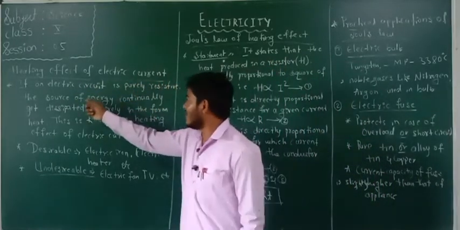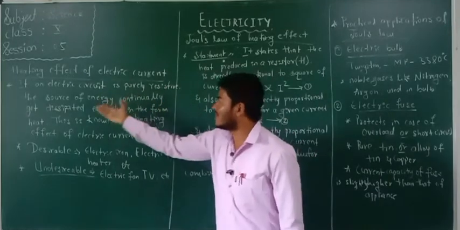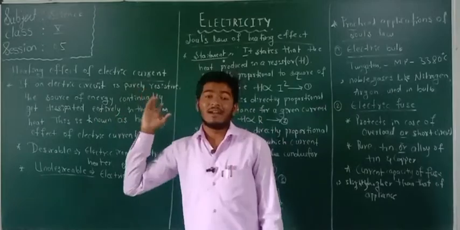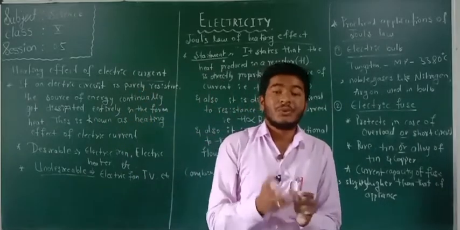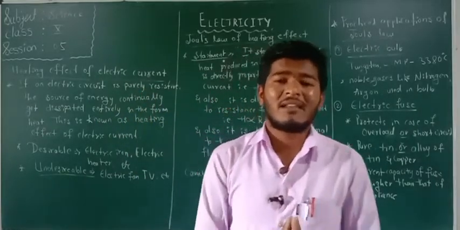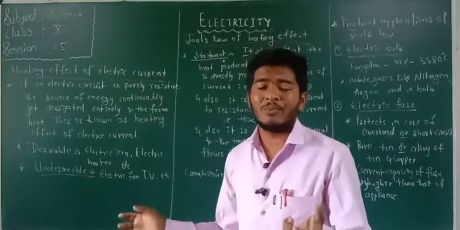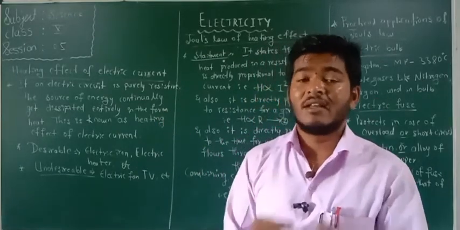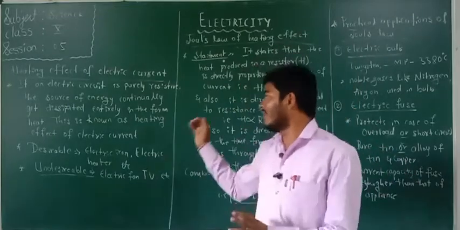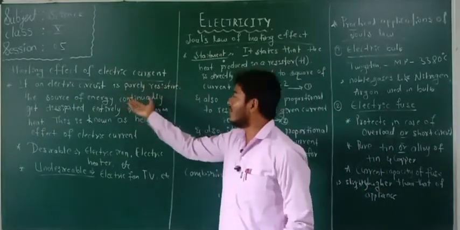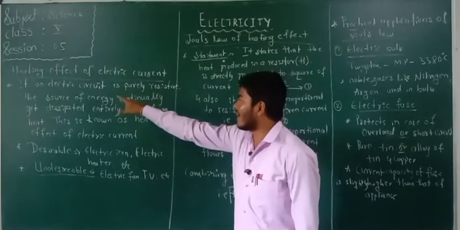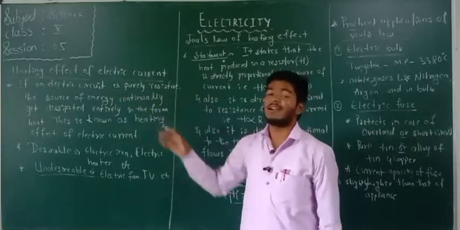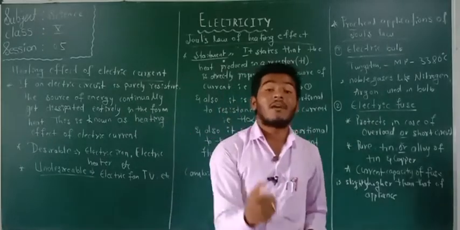If an electric circuit is purely resistive, the source of energy continually gets dissipated. If you use any electronic material in your home with pure resistance or high resistance, the material will be heated when the electric current flows continuously.